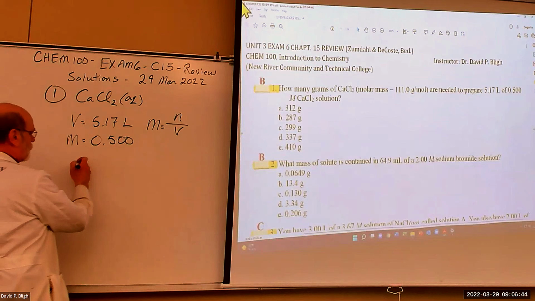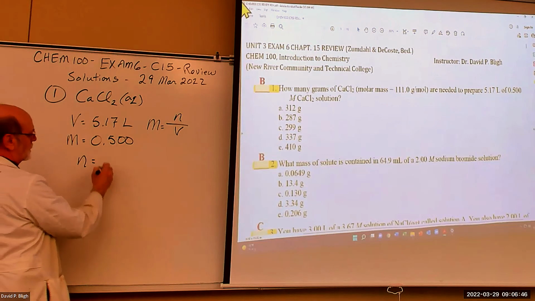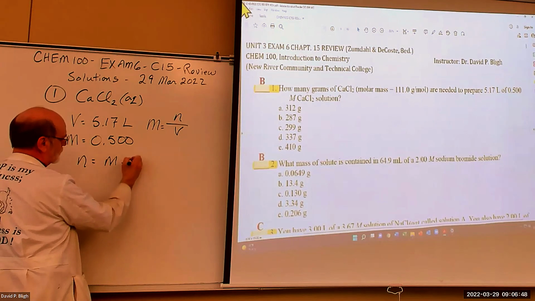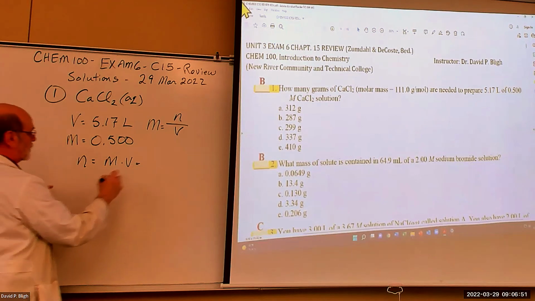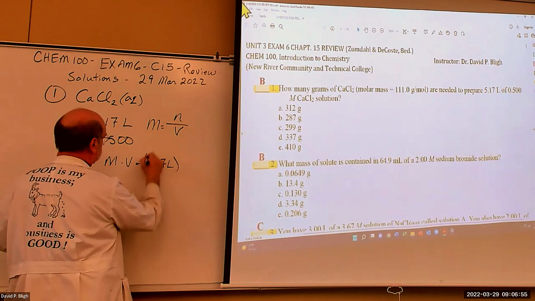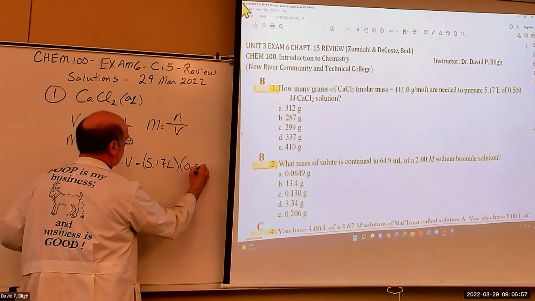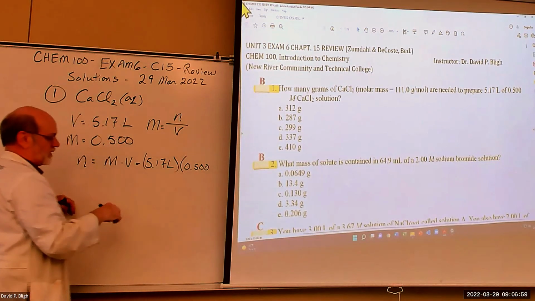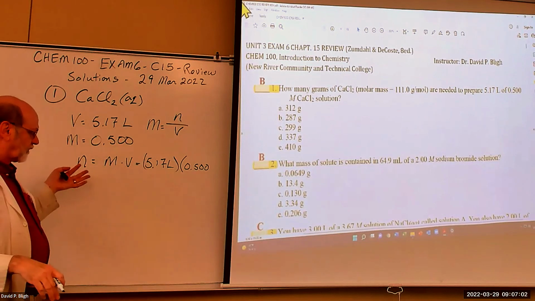If we solve for moles, then we get molarity times volume. And we can do that really easily. Liters times 0.500. And you can put molarity there.